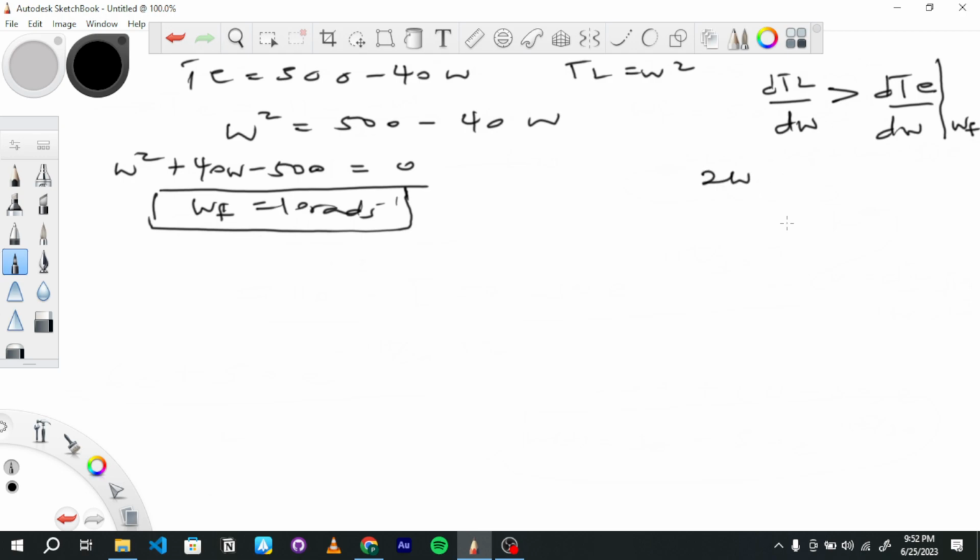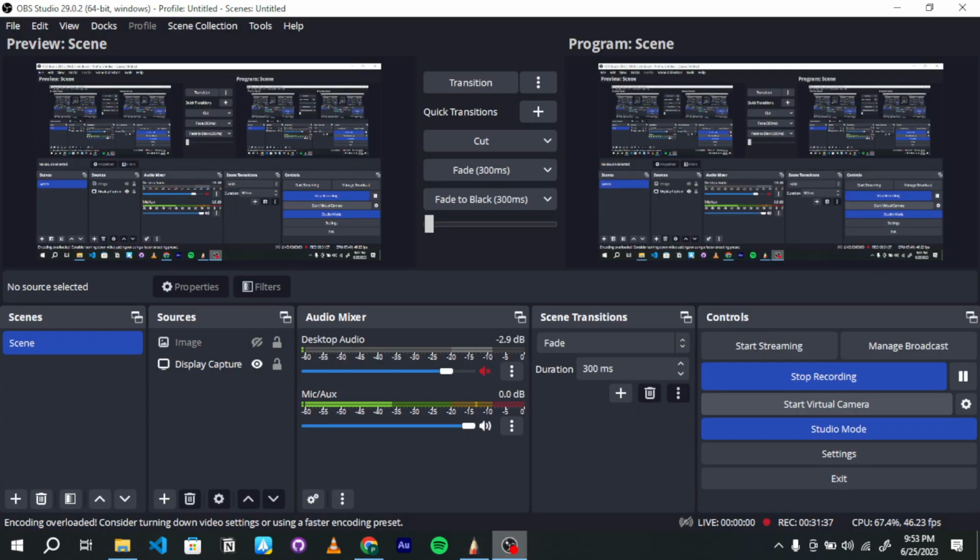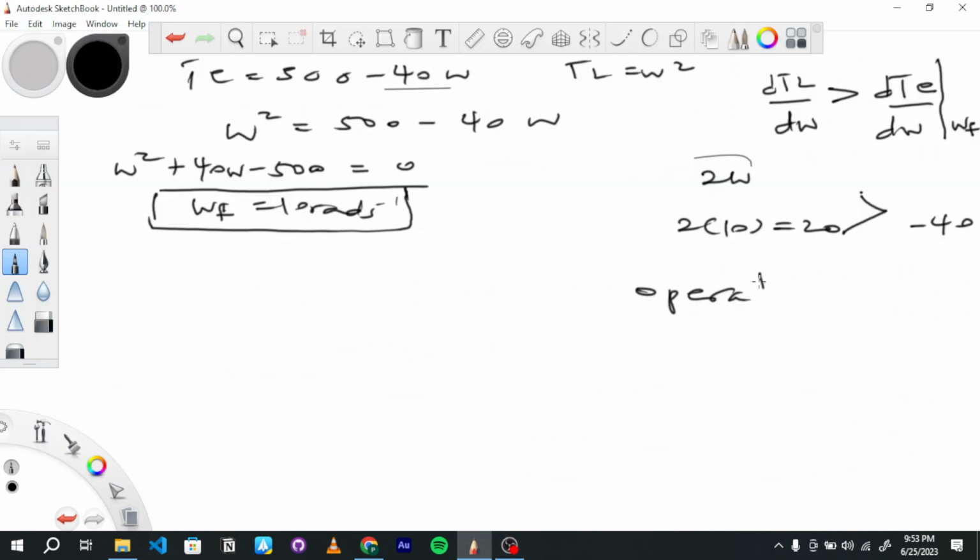At omega equal to 10, that's 20. dTe over d omega is negative 40. So from here we can tell that dTL over d omega, which gave us 20, is indeed greater than dTe over d omega, which gave us negative 40. Hence, the operating point is stable. So we are done with the B part.